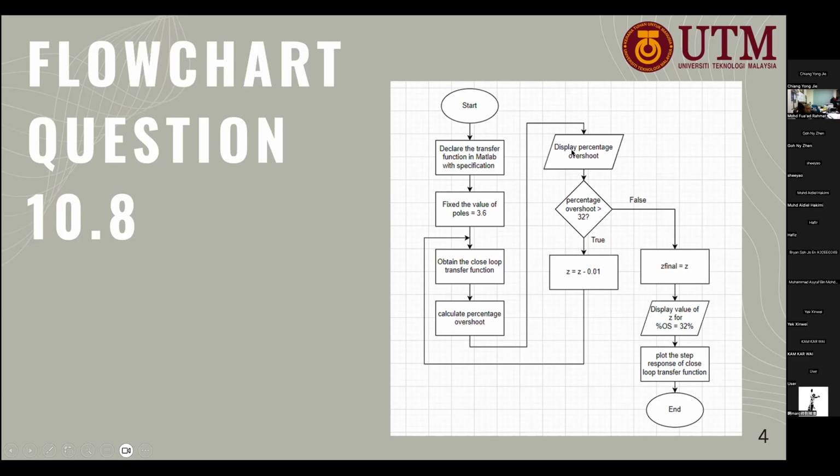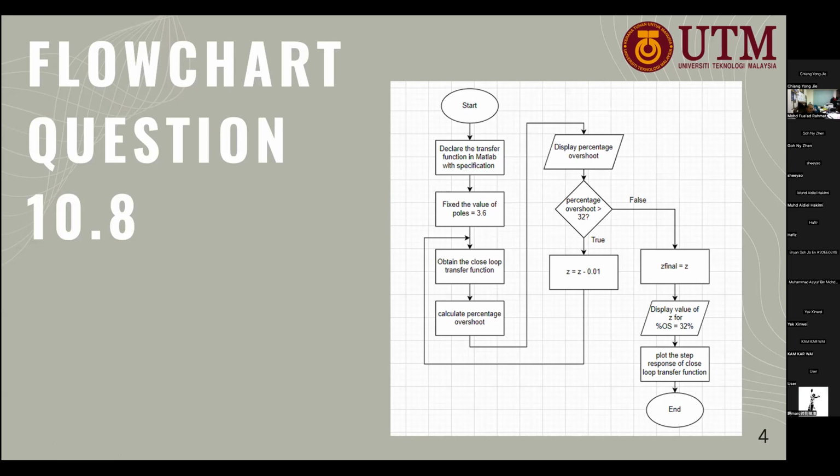Then we display the percentage overshoot we obtain first, and then we do the comparison to see if the percentage overshoot is larger than 32 or not. If it's larger than 32, we do a subtraction on the zero, which is the Z, by 0.01.